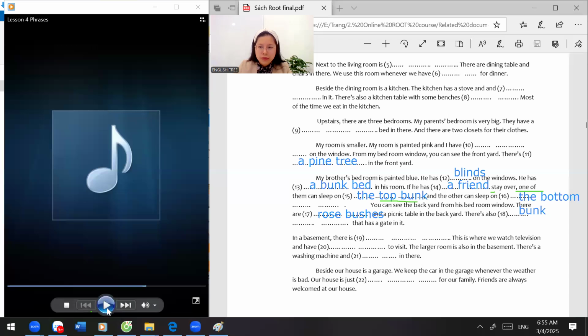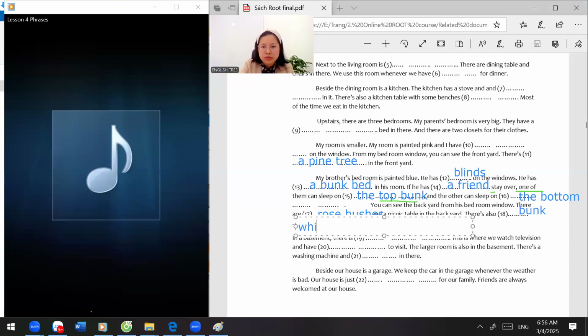In the backyard. There is also a white fence that has a gate in it. There's also a white fence. And as you can see, there's and there are three lines here.